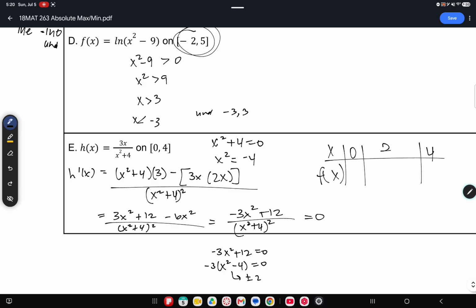So my function is 3x over x squared plus 4. I want to evaluate it at 0, which is just 0, and then at 2, which is 0.75, and then at 4, which is 0.6. So maximum and minimum, right?